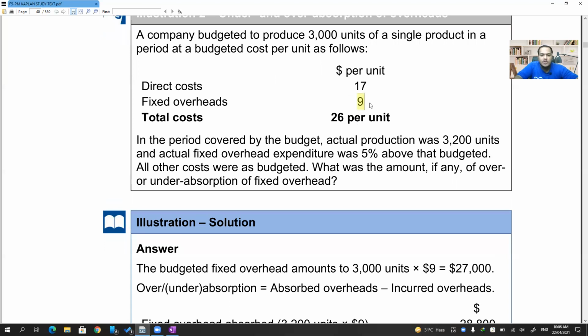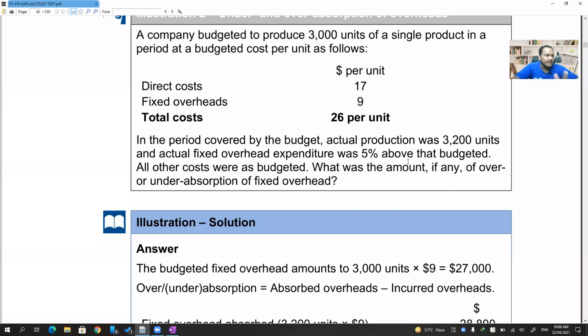28,800 is the absorbed fixed overheads, and they are telling you that actual fixed overhead expenditure was 5% above the budgeted. We budgeted 27,000, so 5% would be 1,350. 27,000 plus 1,350 is 28,350. So 28,800 was the absorbed FOH, whereas 28,350 is the actual FOH.